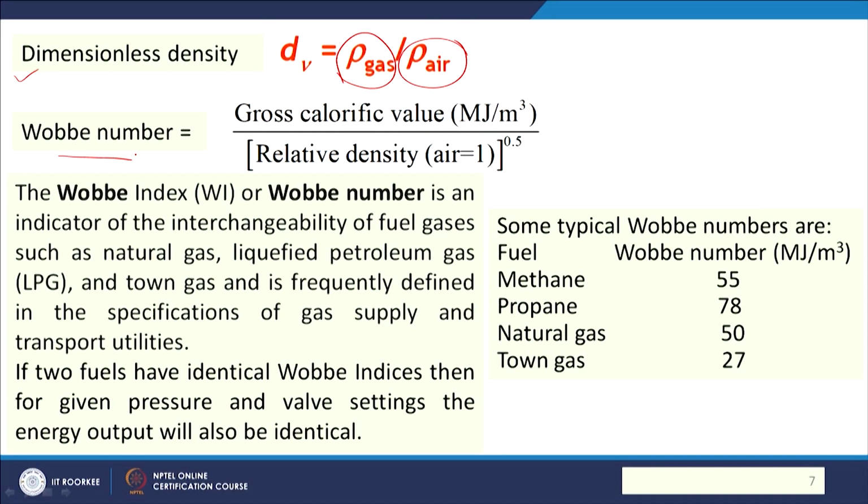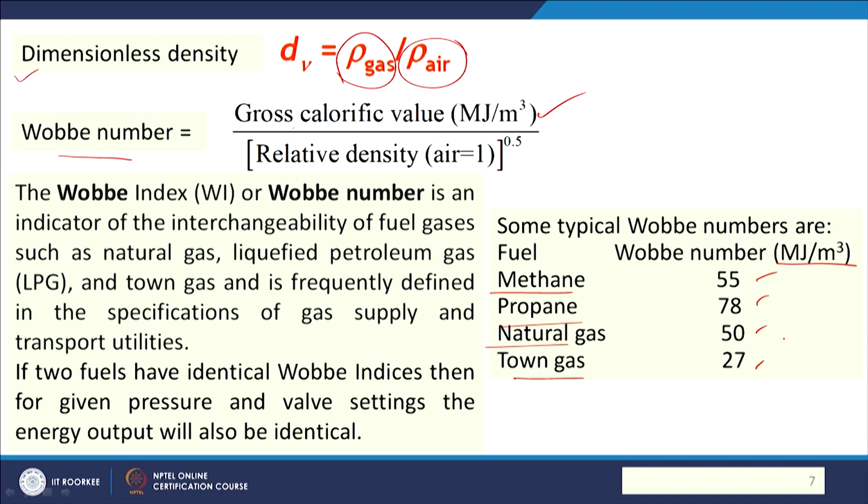So, that will be the relative density, and then the OB number is defined as the gross calorific value, the high calorific value in megajoule per meter cube divided by relative density to the power 0.5. So, this is the OB number definition. Then this will come into megajoule per meter cube unit, and these are different types of gas which have different OB numbers.